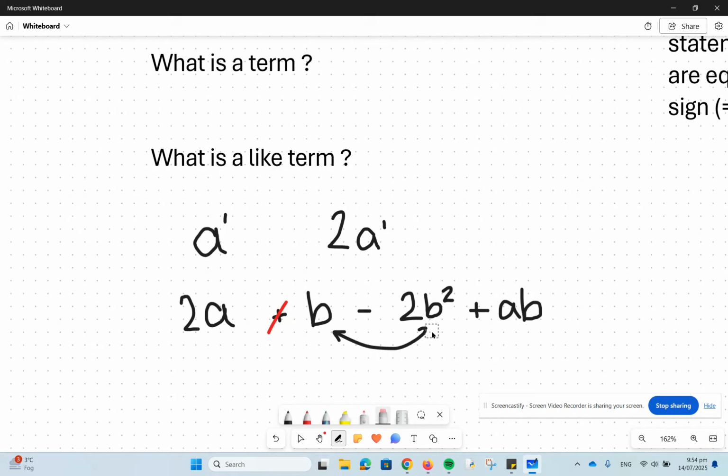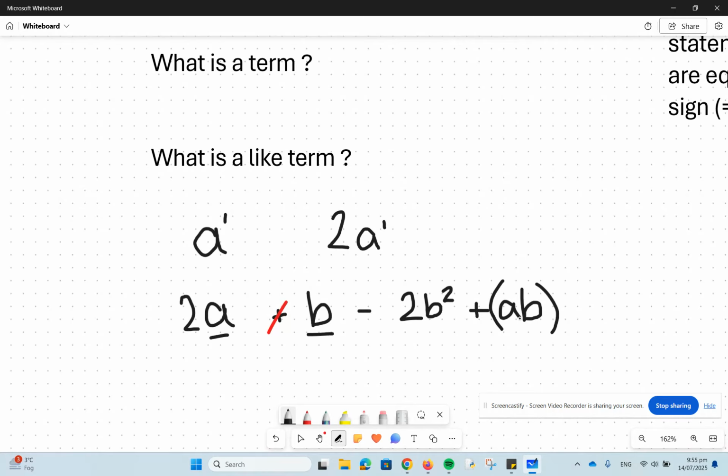What about this last one along here? I've got AB. Right, so that there's A is the same power as that. Awesome. So can I add 2A with AB? Unfortunately, no, because it's AB and not just A by itself. This AB is totally different to that A and that B. They're not the same.